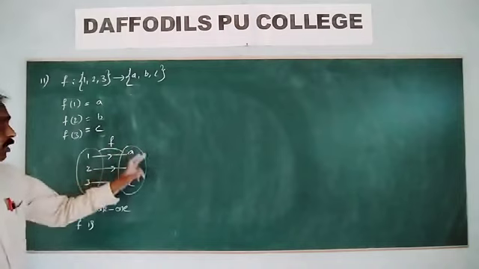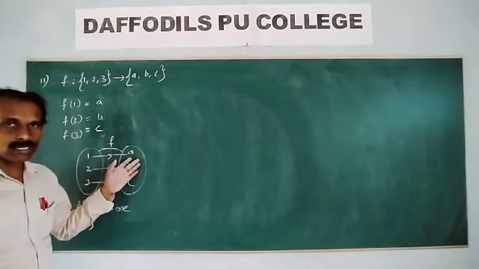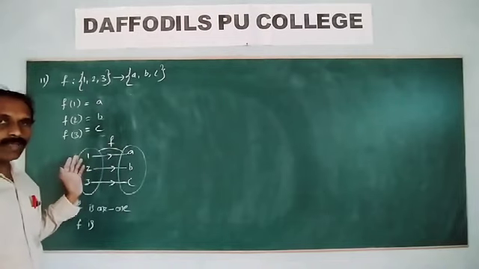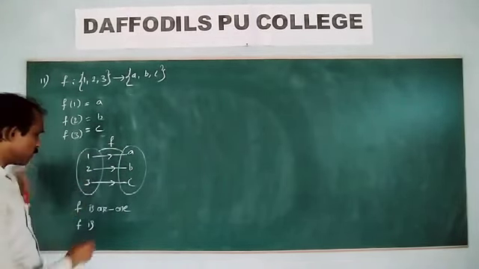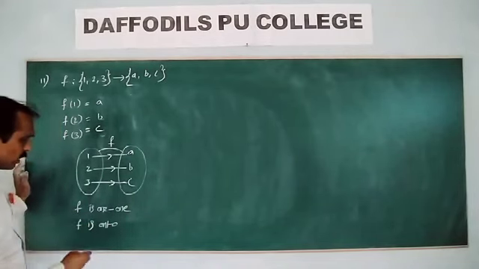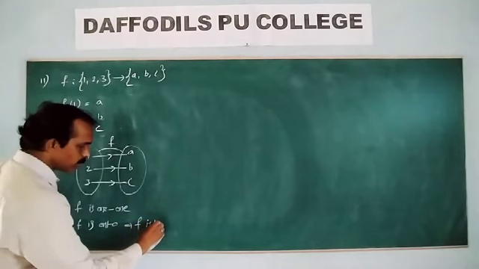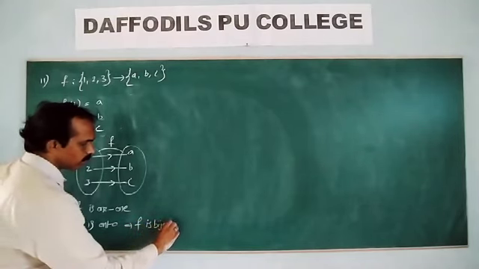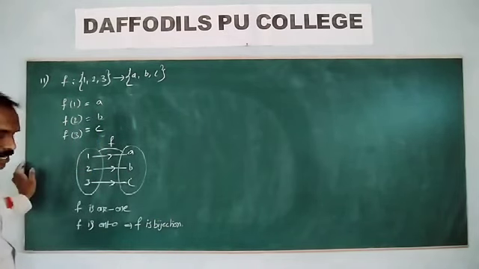Onto means every element of the second set, the codomain, has pre-images; at least one pre-image exists. So f is onto. One-one and onto means f is a bijection, a bijective function.